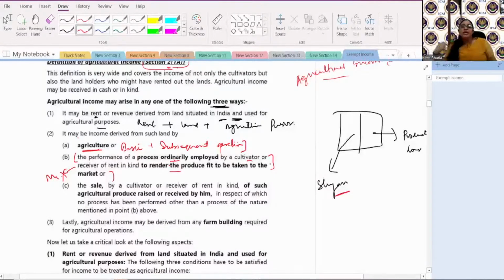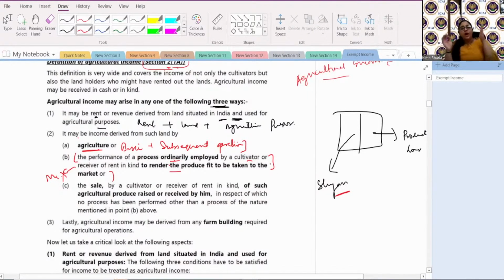Here I cannot say that it's a commercial manufacturing process going on. No, it's a basic process which is very necessary to send it to the market, and it involves various stages. One is on land and the other is after land also, to bring that grain out of it.